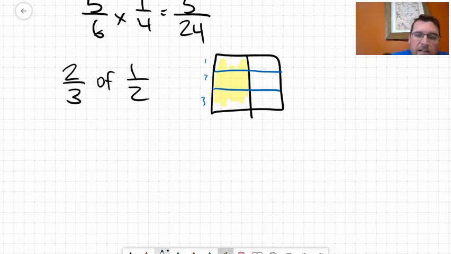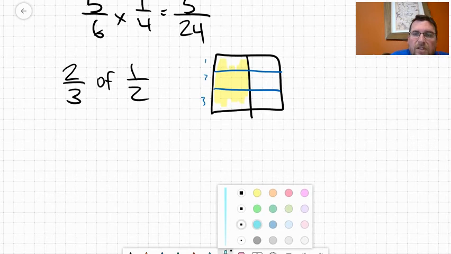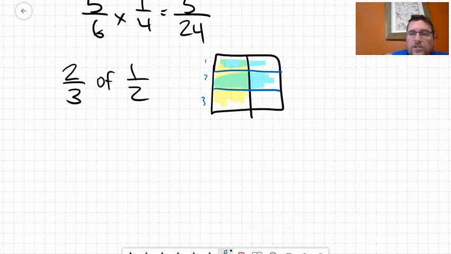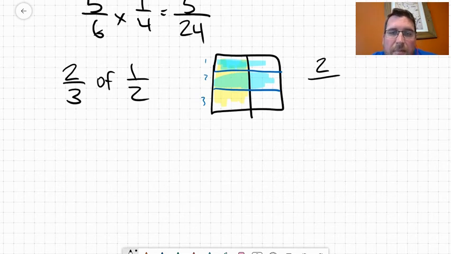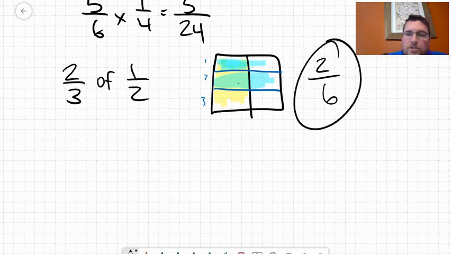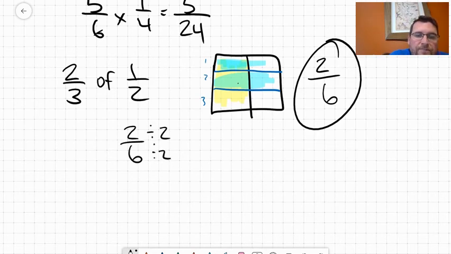And I'm going to color in 2 of those 3 rows now. 1, 2, and you'll notice that I have 2 of the sections colored. But then I have 1, 2, 3, 4, 5, 6 sections, 2/6. And so you may get this answer. However, you should know that if it's a multiple choice and you don't see 2/6 there as an answer, then you need to reduce your fraction. This is going to be an easy one. I'm going to divide by 2, and that equals 1/3.